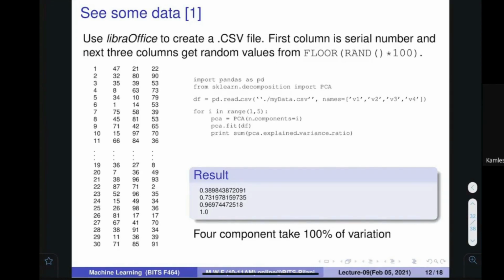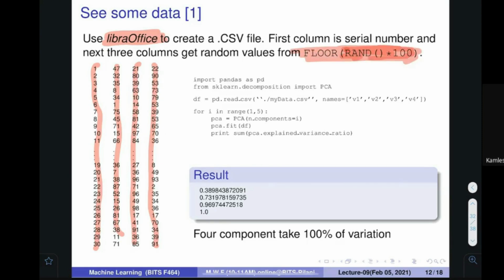Here is an example. Try to be with me. I used LibreOffice, an MS Word kind of thing, to create data where the first column is 1, 2, 3, 4, 5, 6, and the other three columns are random numbers. I created them using a random number, multiplied by 100 and took the floor, because this is not a fractional number.